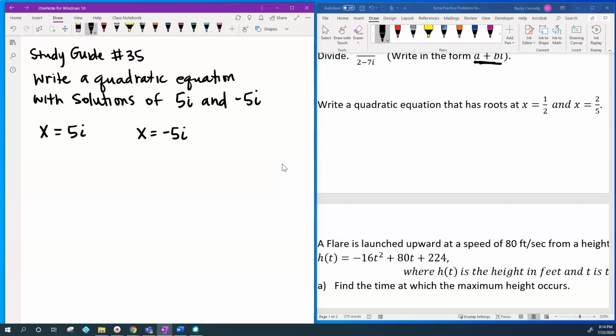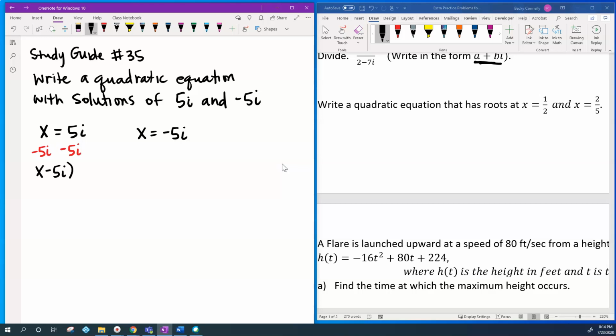Those are our solutions. But sometimes they just give it to us this way and they don't tell us specifically that it's x equals that. But again, it makes it a little bit easier for us because then we're like, okay, I've got to get everything back over on the other side so that it's equal to 0. And that's what I did on the other one. So I want to subtract that 5i over, which is going to leave me at x minus 5i.